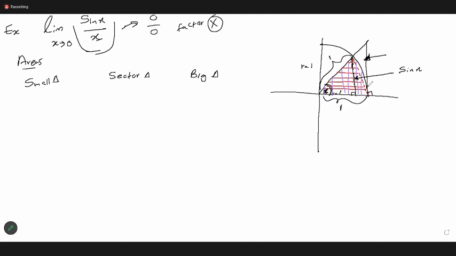How to find this height? Just use trigonometry.